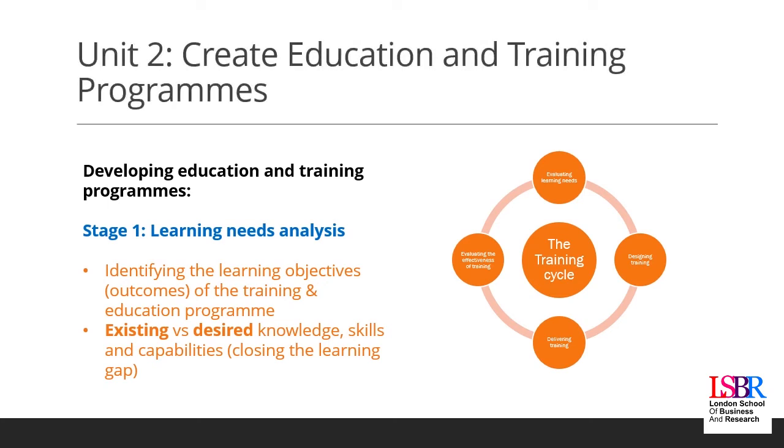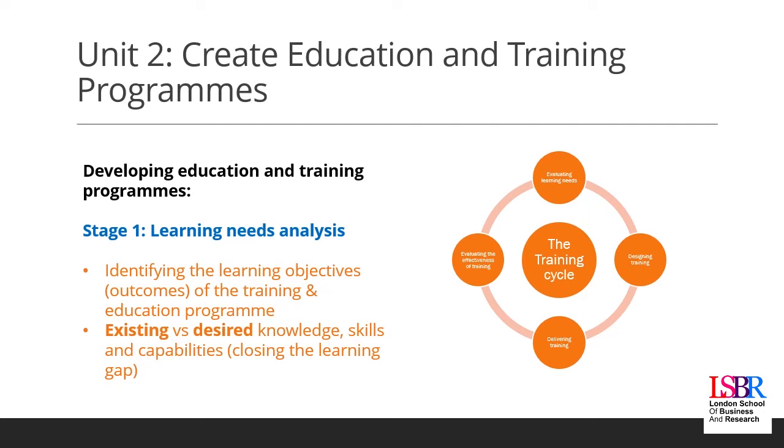We always start by identifying what the learning needs are, which then helps us, based on the needs that we have taken into account, to then identify the learning objectives, or in other words, the outcomes of the training and education program, because every training and education program always communicates the key objectives or outcomes that the learners will have met upon completing or upon attending the education and training program.